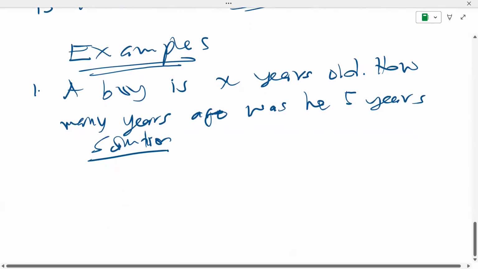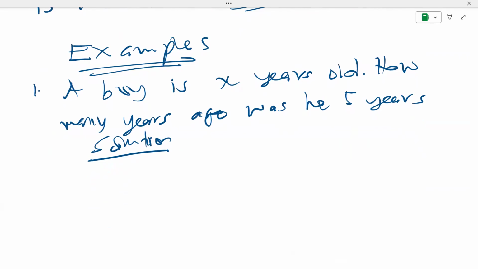So we want to look at this question. A boy is X years old. How many years ago was he 5 years old? So that is the question. We need to find that age. If the boy is currently X years, let's write the current age.